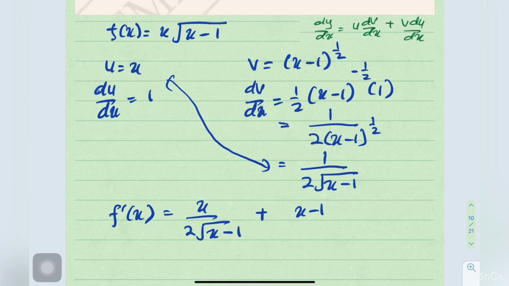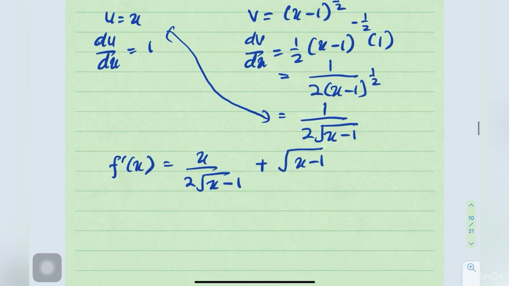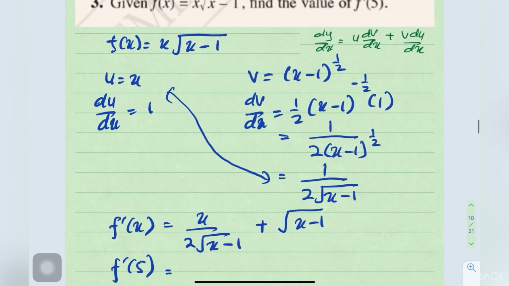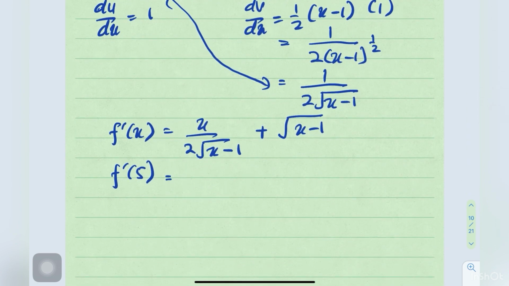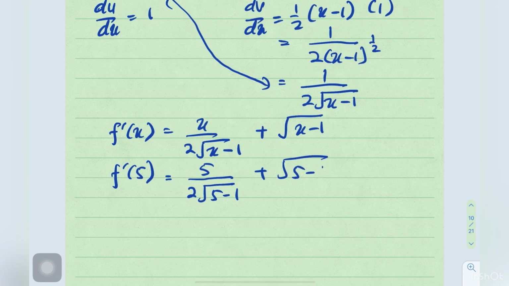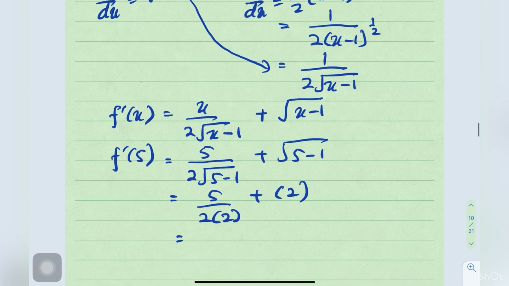Then we substitute x equals 5, since the question asks you to find f prime of 5. So we have 5 over 2 square root of (5 minus 1), plus square root of (5 minus 1). Here we have 5 over 2 times 2, plus 2. Okay, so the answer is 13 over 4.